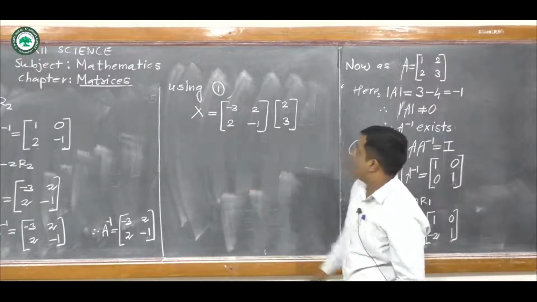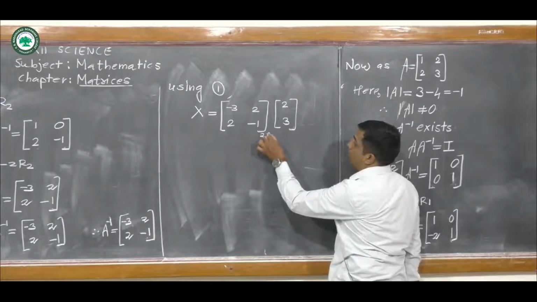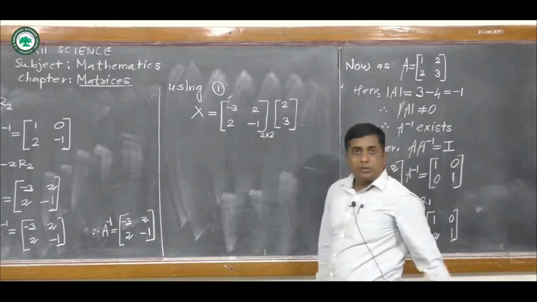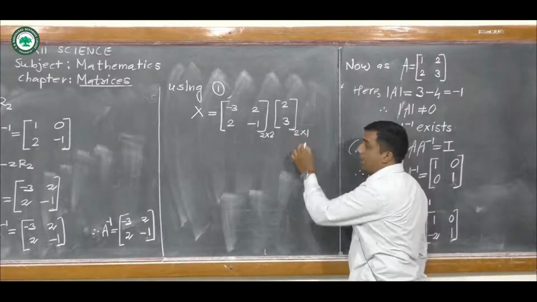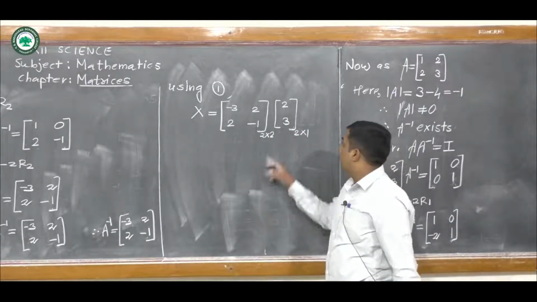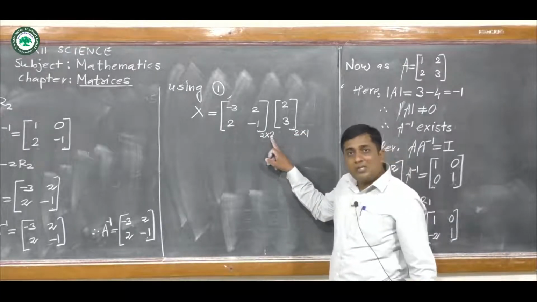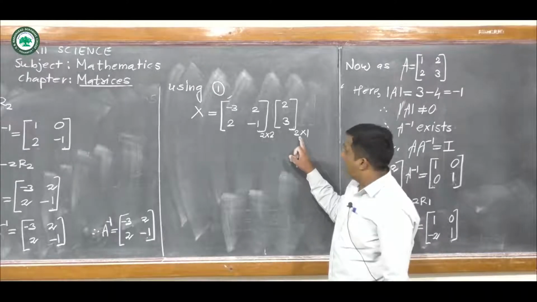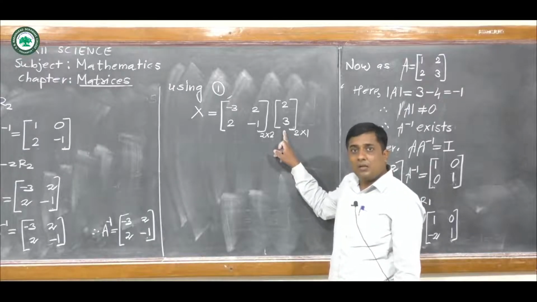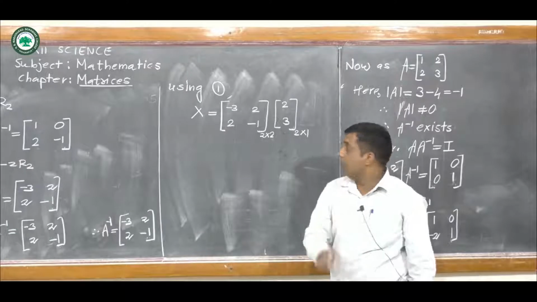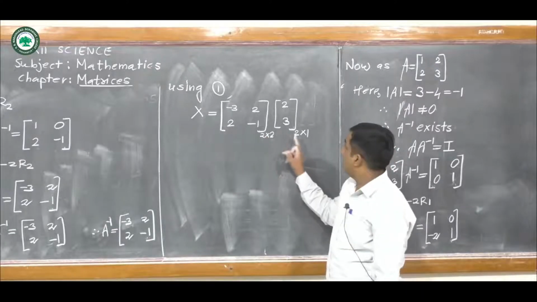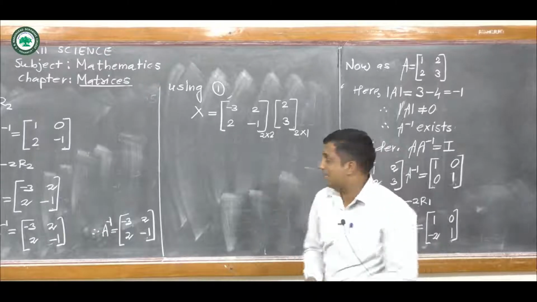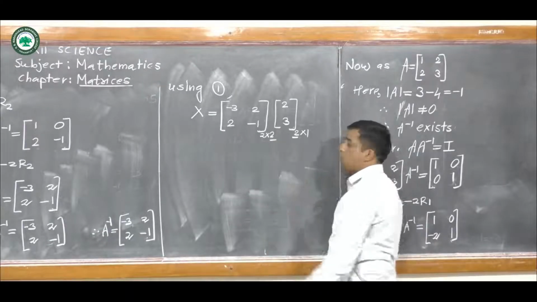Here the first matrix has order 2 by 2. The second matrix has order 2 by 1. Here we know the number of columns of the first matrix and the number of rows of the second matrix. I repeat again, the number of columns of the first matrix and the number of rows of the second matrix are equal.